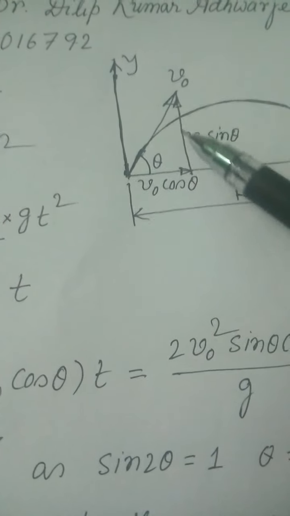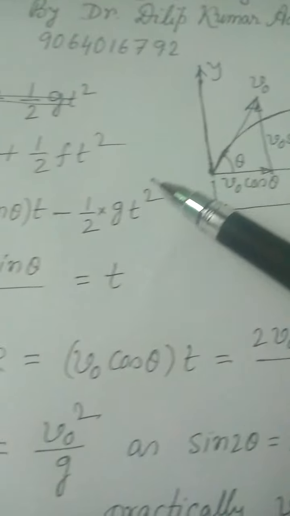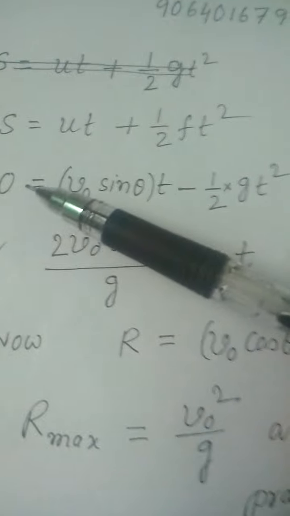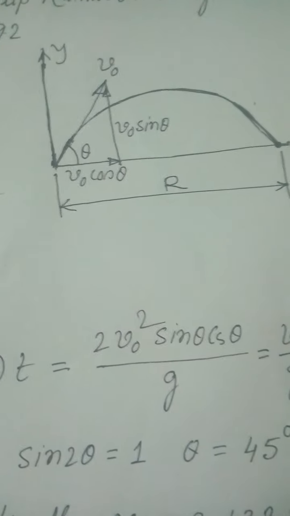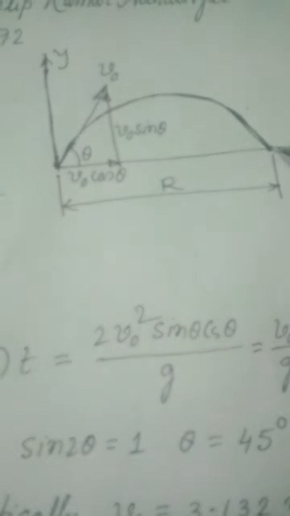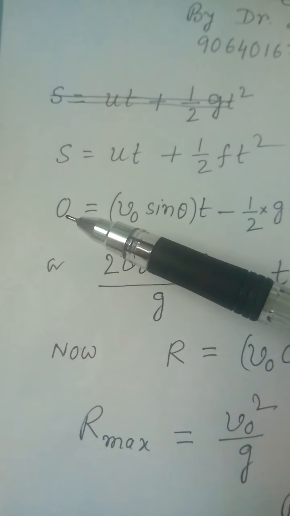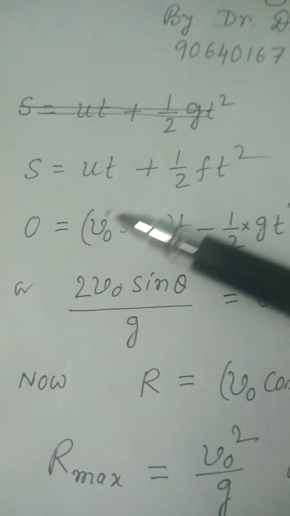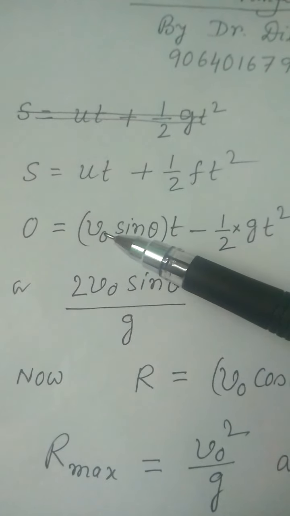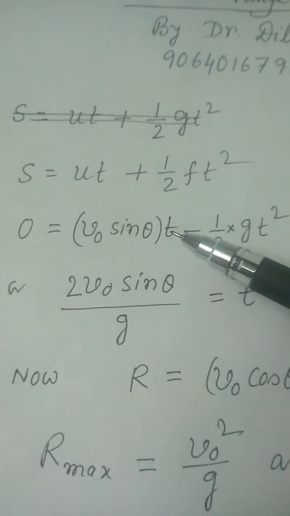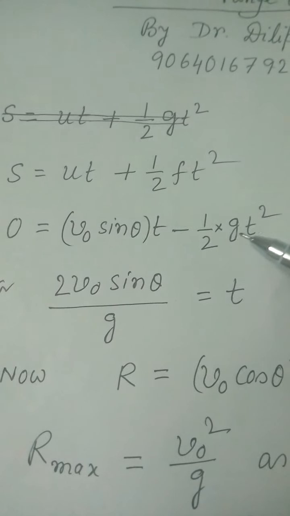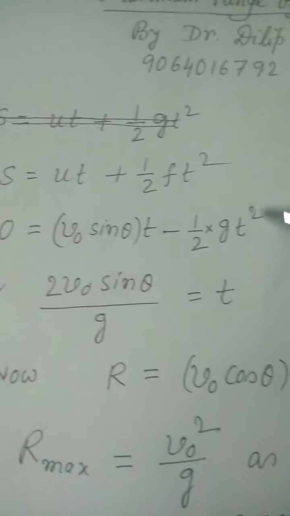This is in the x direction, the initial velocity, and this is in the y direction, the initial velocity. Now s at this point, s is equal to the distance, no? It is 0. So s is equal to 0 is equal to ut minus half gt square, where u is the initial velocity. Why is it minus g?